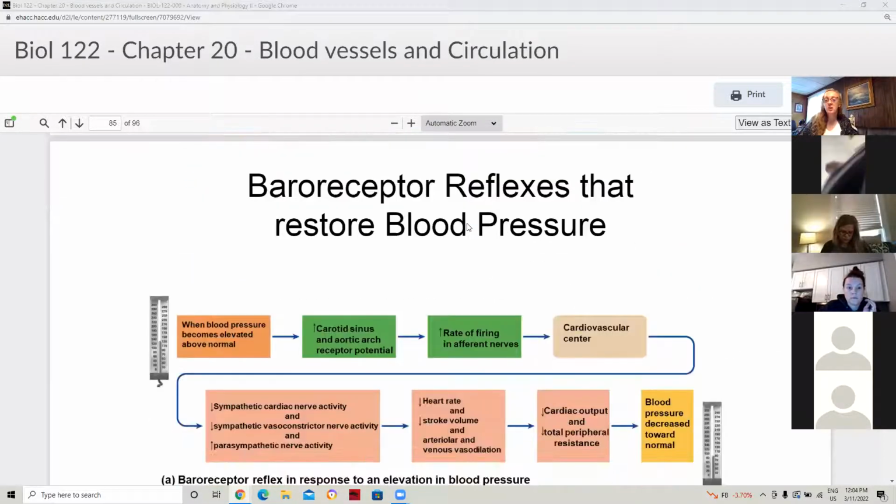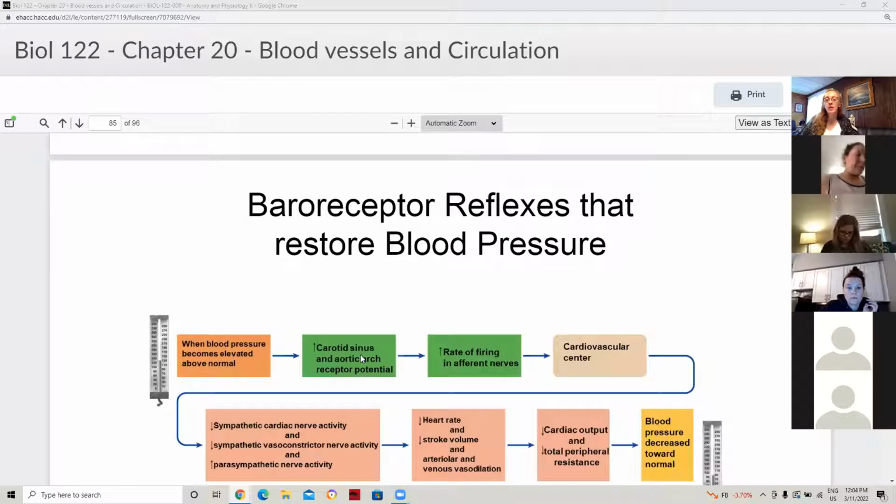Baroreceptor reflexes. Remember where these are located. They're located in the carotid sinus, that dividing point of the internal and external carotid arteries, and the aortic arch.